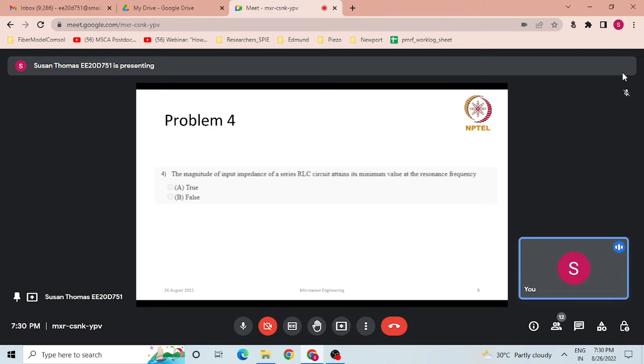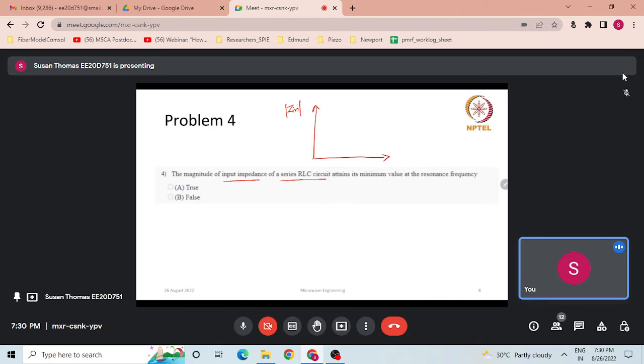This is a true or false question. Magnitude of input impedance of a series RLC circuit attains its minimum value at the resonance frequency. To answer this question, we should think about a series RLC circuit and the magnitude of input impedance. You need to remember the plot of modulus of Zin in case of a series RLC network.